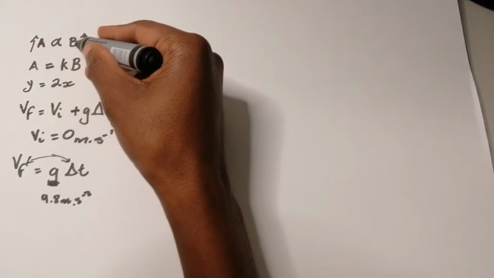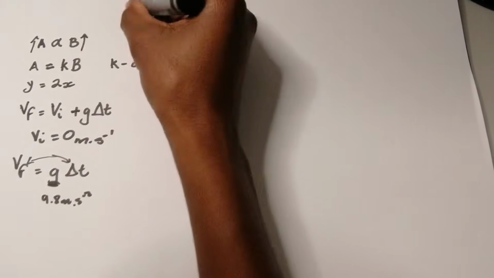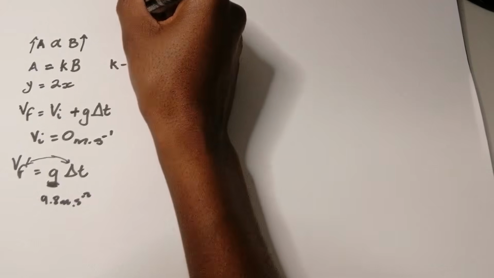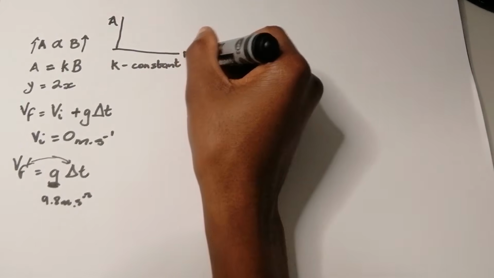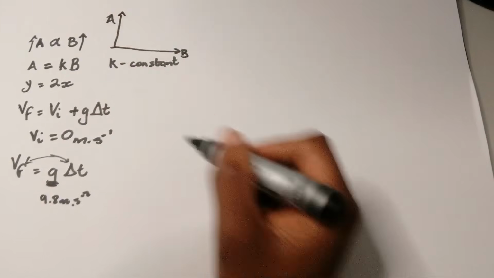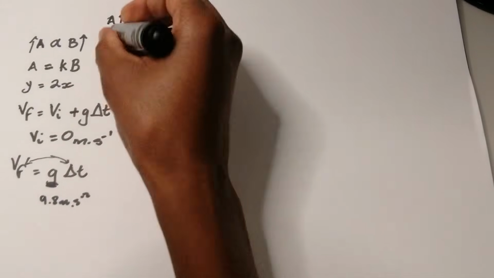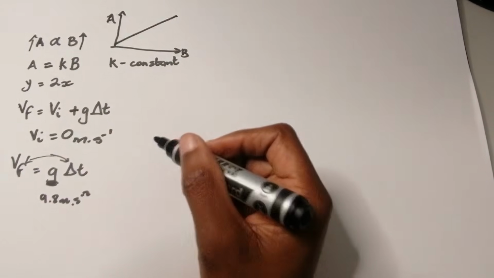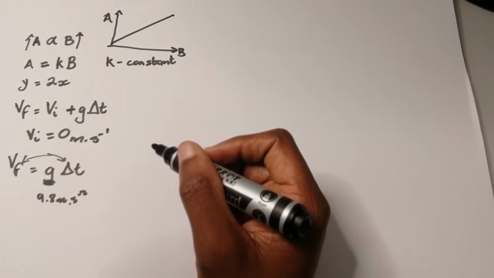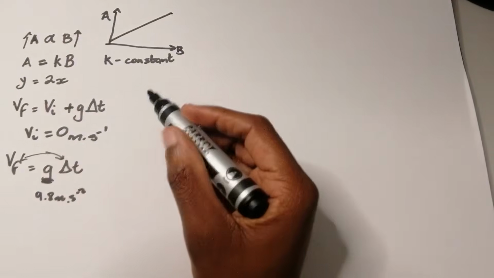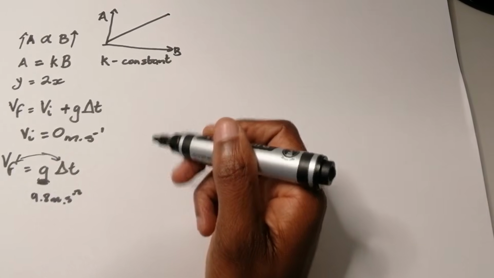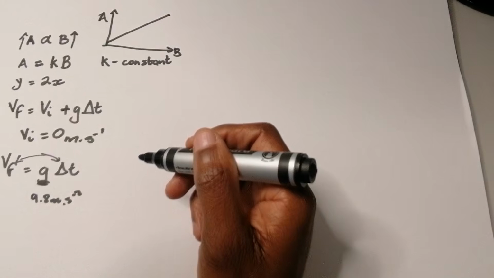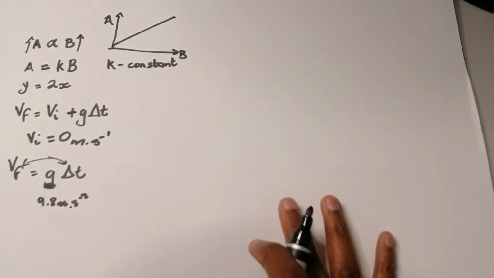If I say A is directly proportional to B and they ask me to draw a graph of A against B, it will always be a straight line graph. If I have two things that are proportional to each other and I draw a graph of A against B, then it means that it will always be a straight line.